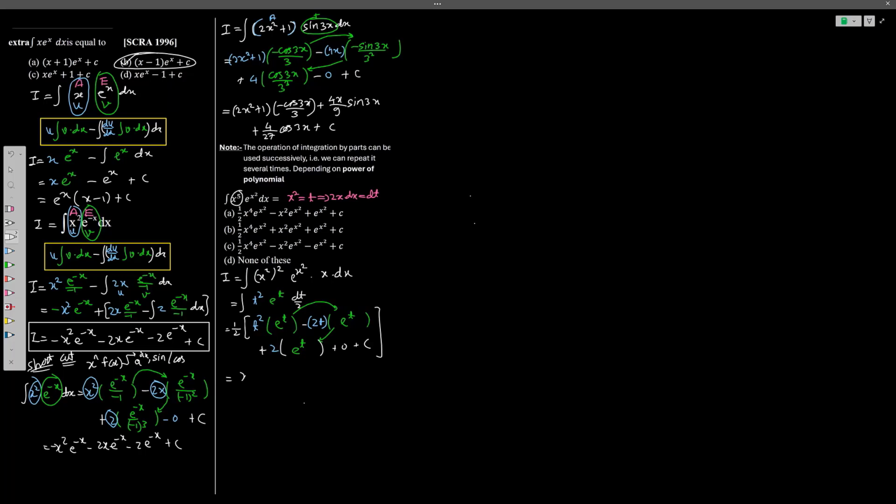So here we'll get x raised to 4 by 2 e raised to x square minus x square e raised to x square plus e raised to x square plus c is your answer, which is given in option A.